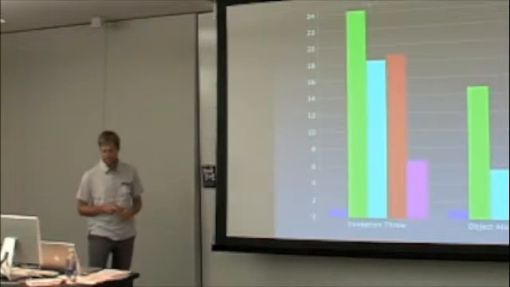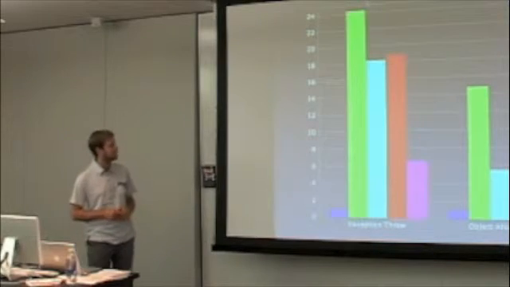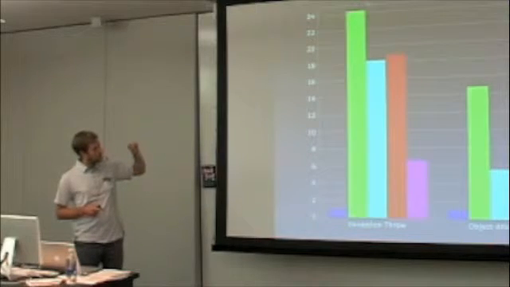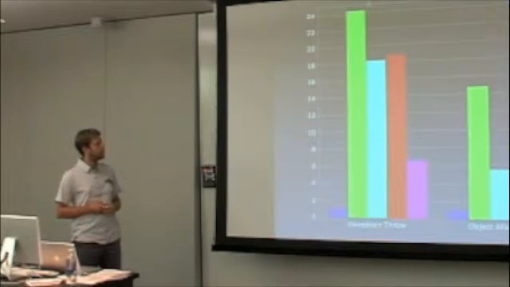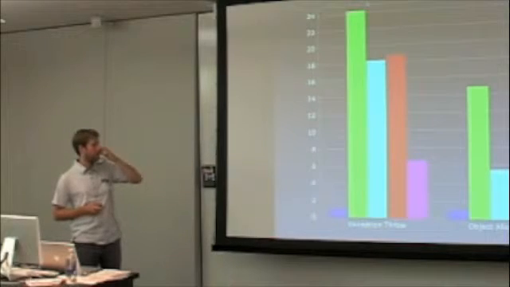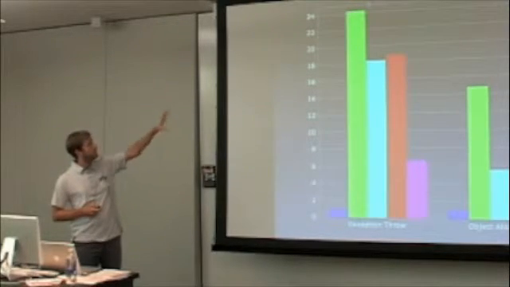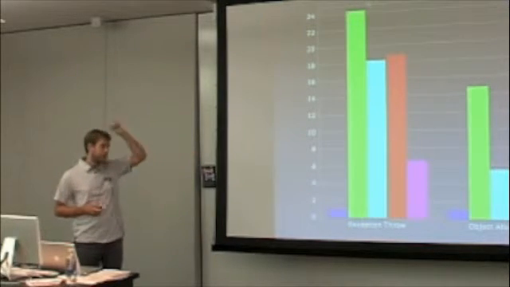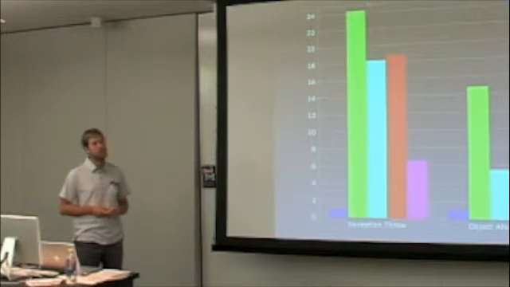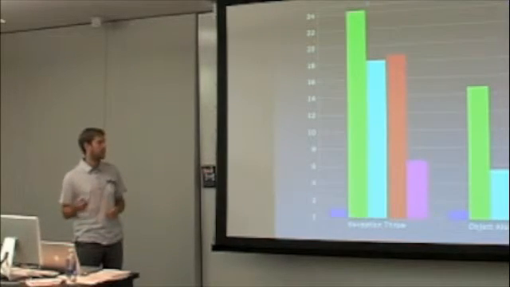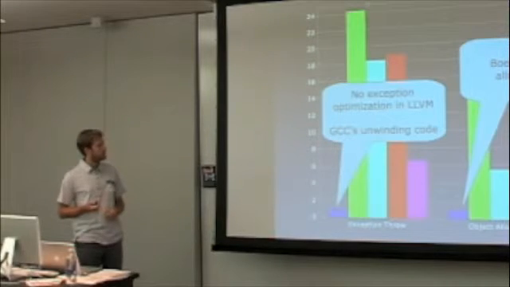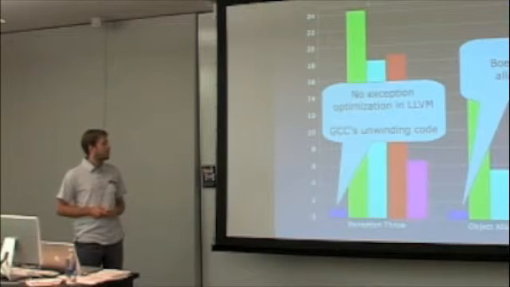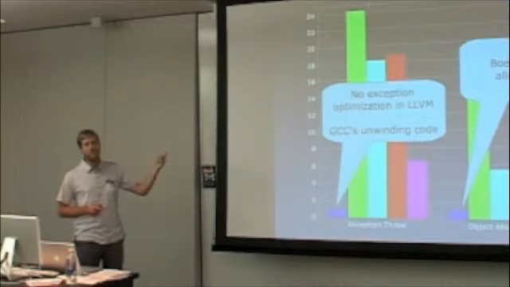Now, what's bad? Not bad, but okay. Low-level operations where we have bad performance: exceptions compared to other VMs. OpenJDK is 24 times better. Allocating memory, other virtual machines do really better than VMKit. The reason for this is that LLVM doesn't do any optimization on exceptions, and we're actually using GCC's unwinding code.